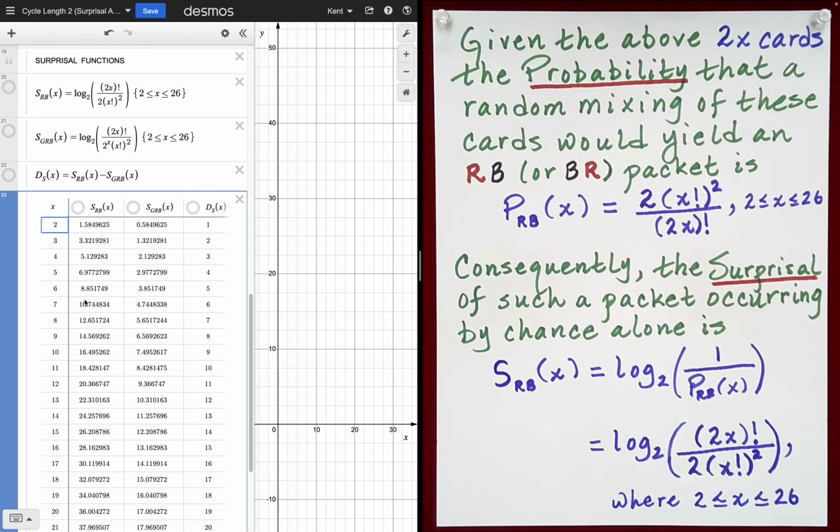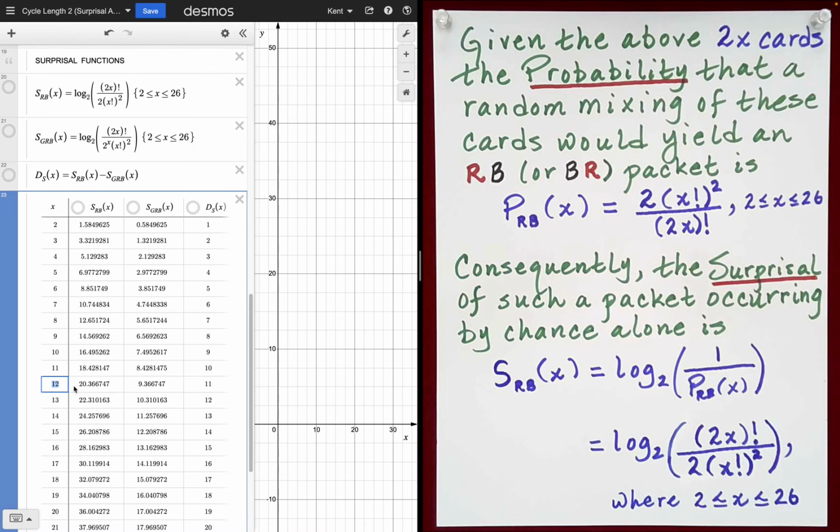So for example, if we have 12 red cards and 12 black cards and mix them and lay them out and find that they alternate in color, the surprisal value for that outcome would be over 20 bits of surprisal.